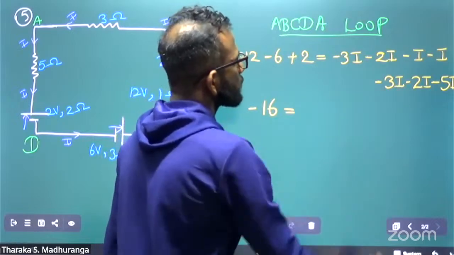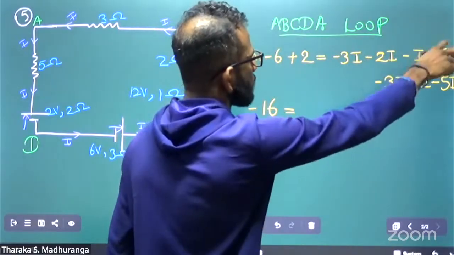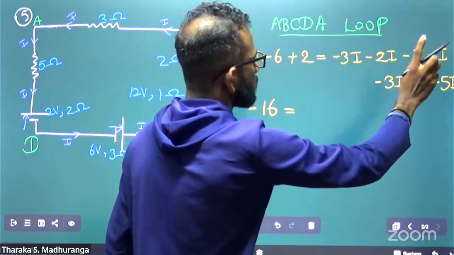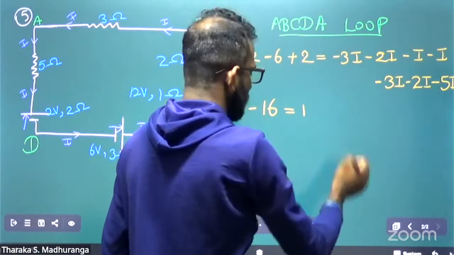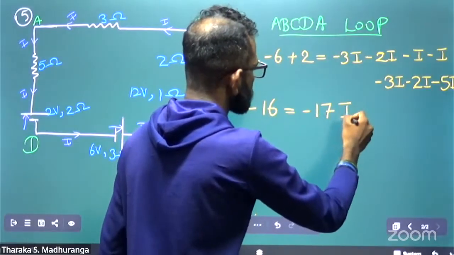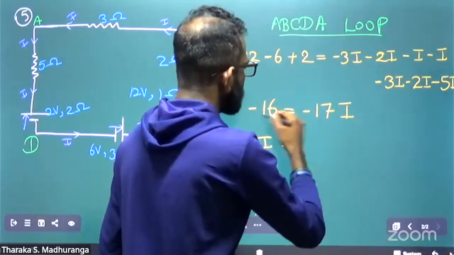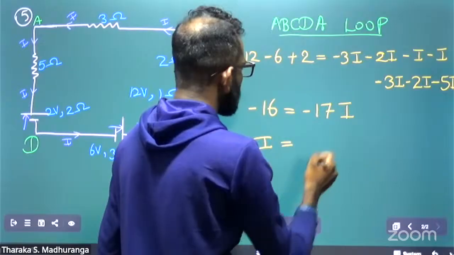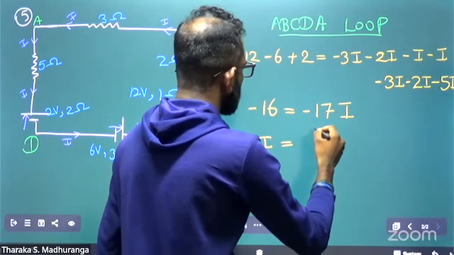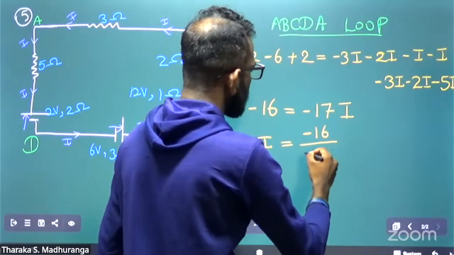Equal minus 3I, 2I, 5, 6, 7, 10, 12, 17I, minus 17I. Then I equal, minus to minus you can cancel out. I equal minus 16 over minus 17.